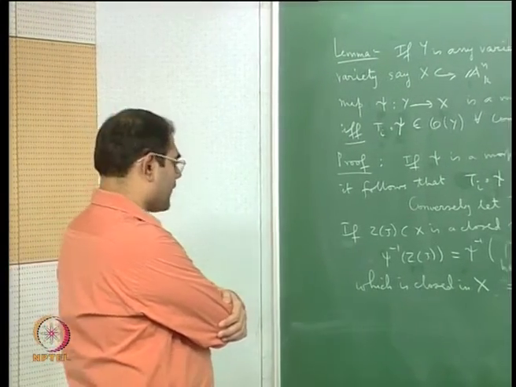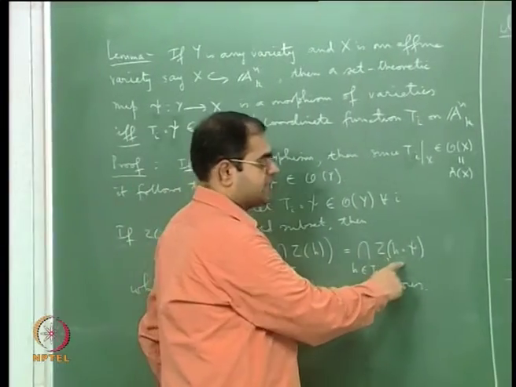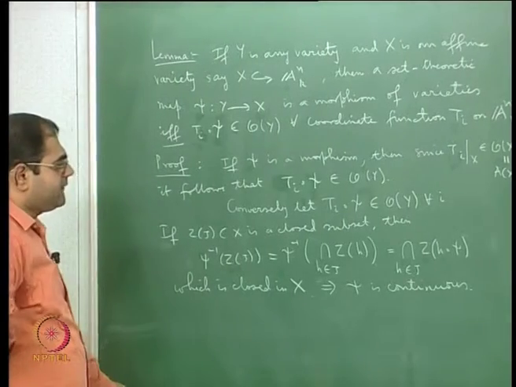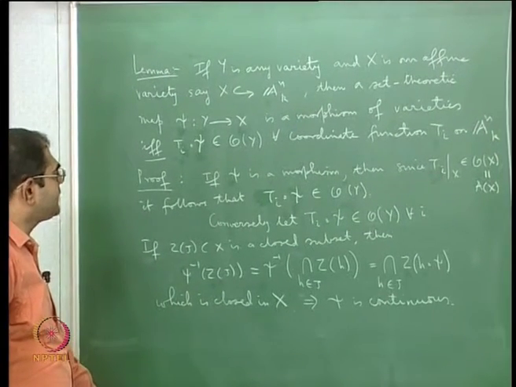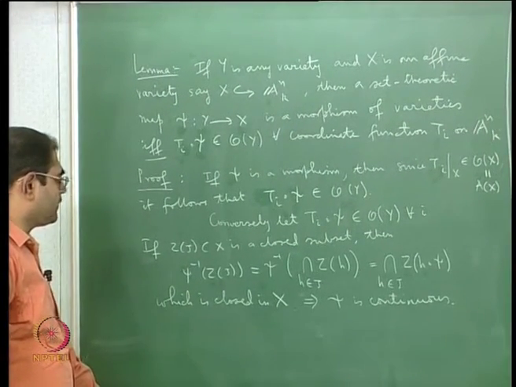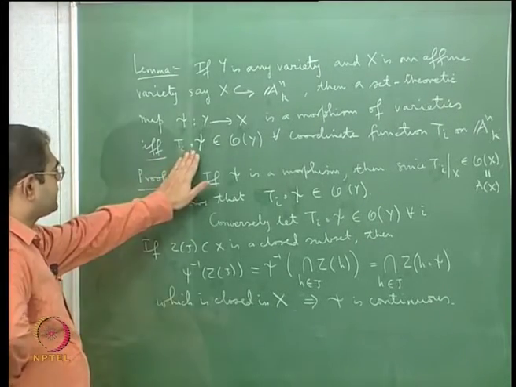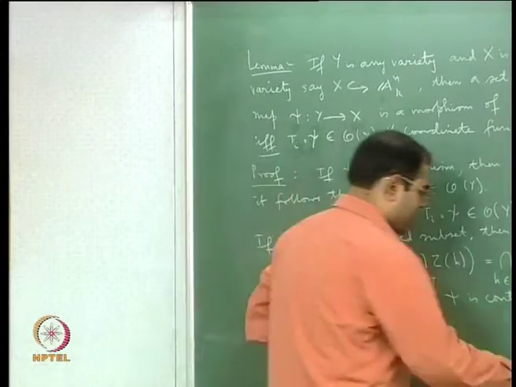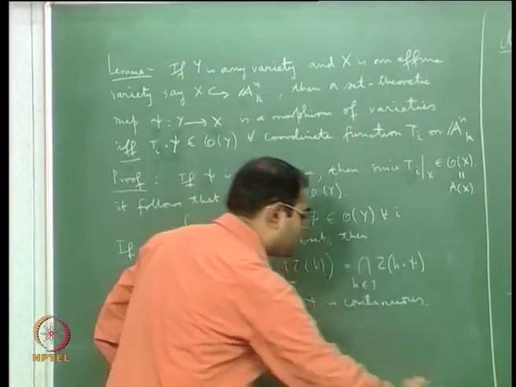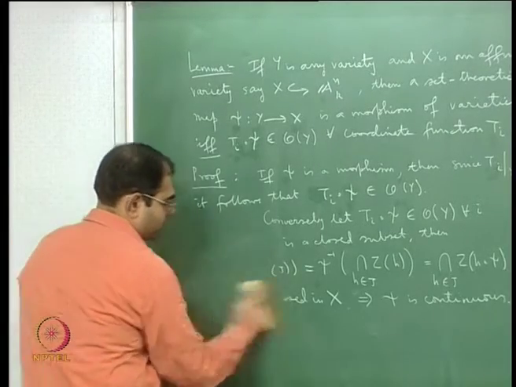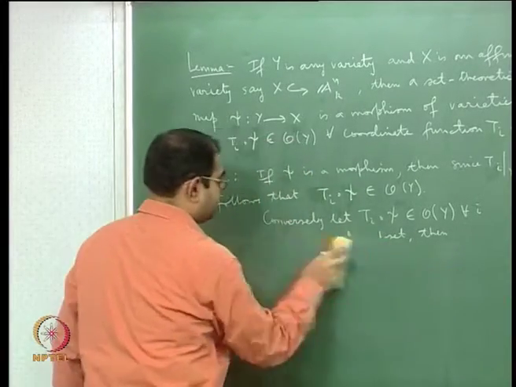I have already used the fact that h circle psi is a regular function, which is something that I will have to show, and that's purely a matter of verification. So the correct way to do it is to use the fact that these are regular functions. Basically it's a calculation. So what I need to do is the following. Let me rub this off just to say it in sequence.